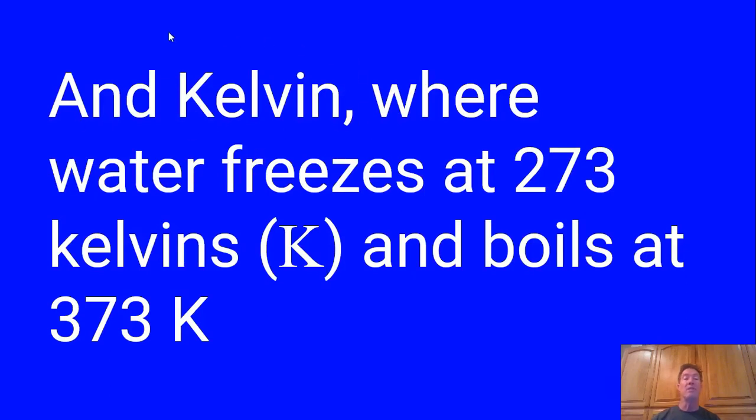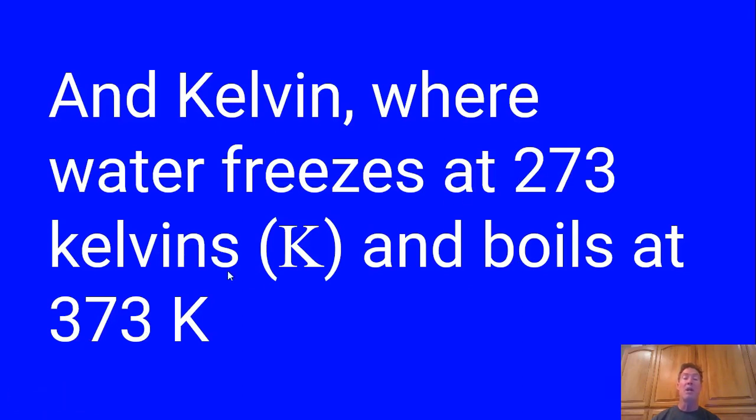And Kelvin is the other temperature scale. You might not have heard of Kelvin. And in Kelvin, water freezes at 273 degrees and boils at 373 degrees. Notice, however, this is the same thing as Celsius.